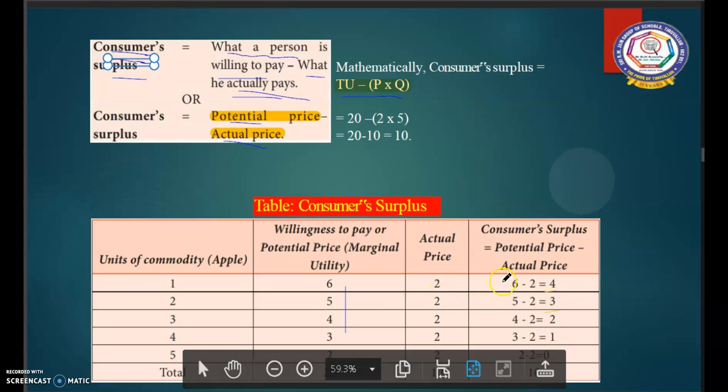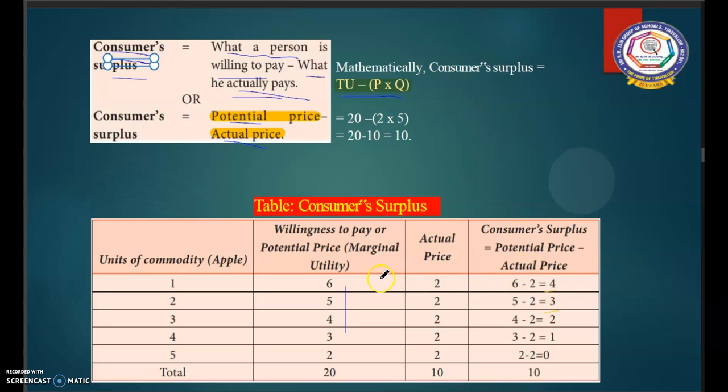The consumer surplus is 6 minus 2, where 6 is the potential price and 2 is the actual price. So 6 minus 2 equals 4.